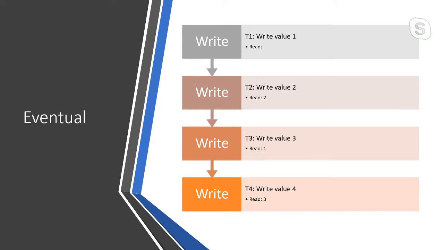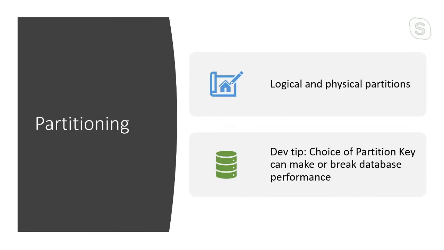So if all the writes stop happening, ultimately the system will be consistent. A great example of this is social media posts. I could put up a post on some type of social media and it takes a while to update. Some people see it, some people don't see it. So that's a great example of eventual consistency.